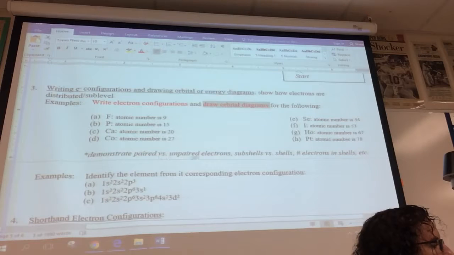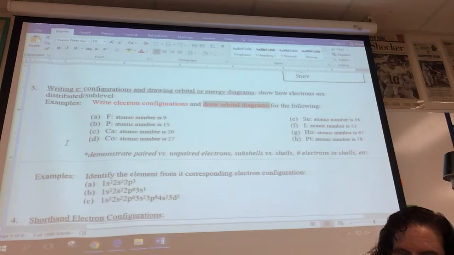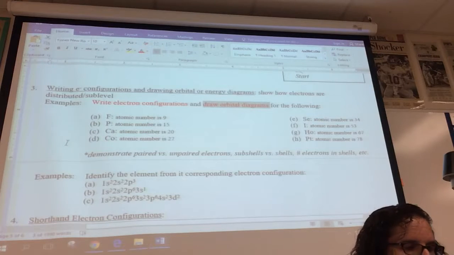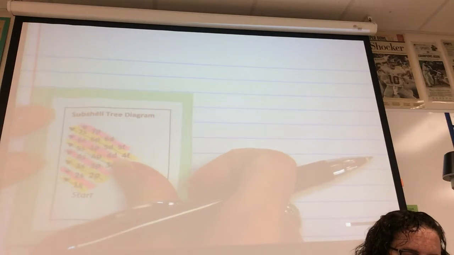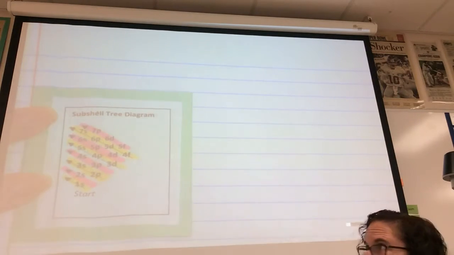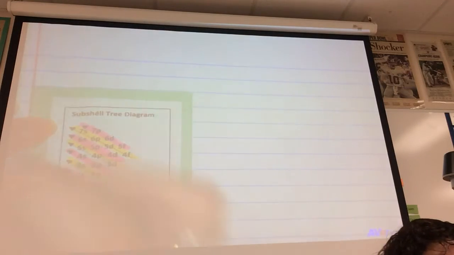And then there's a few things I want to illustrate based on our drawings. The first one we want to draw is fluorine. I'll keep this subshell tree diagram here for you so you can use it. When you fully understand this, you don't need it. But right now we do.